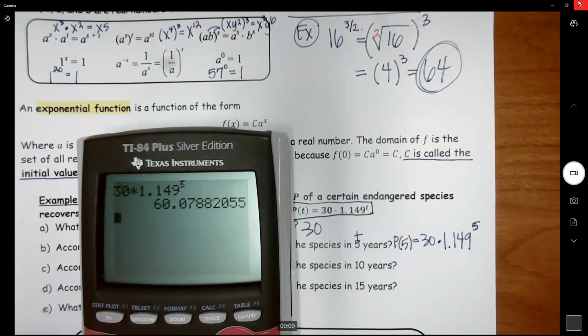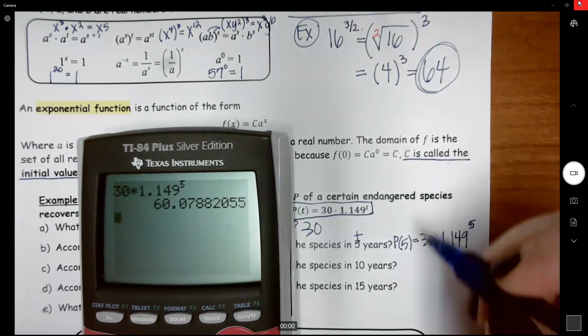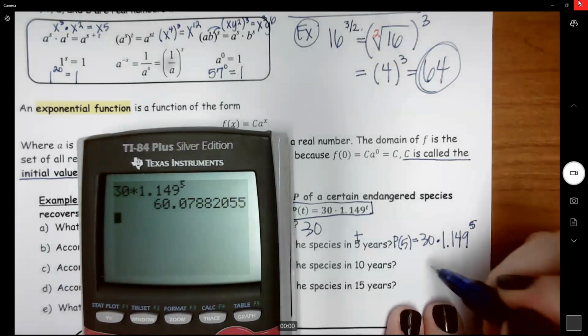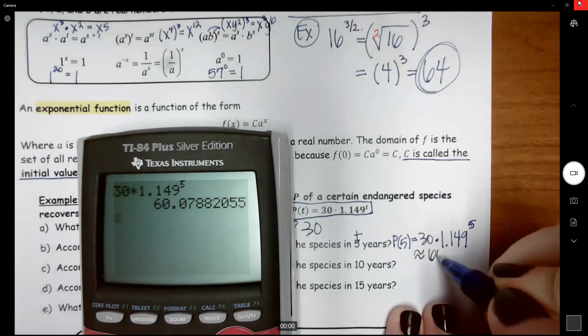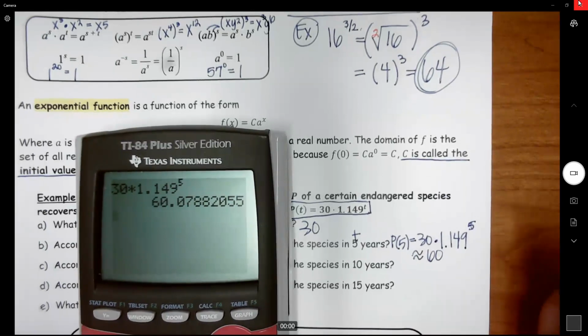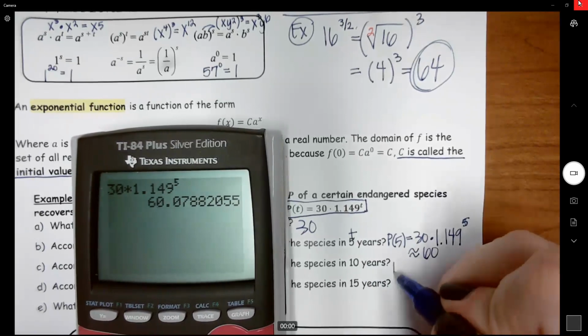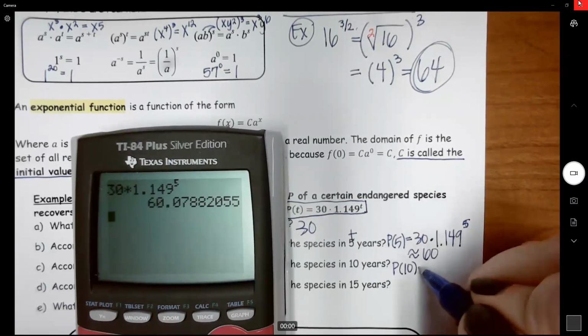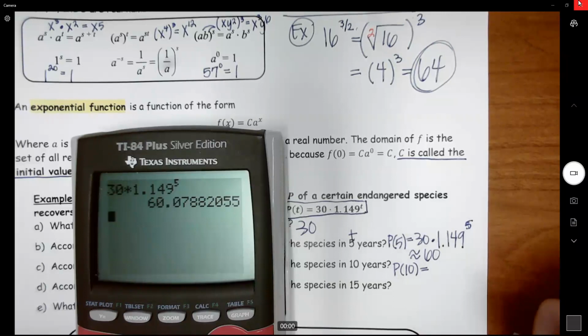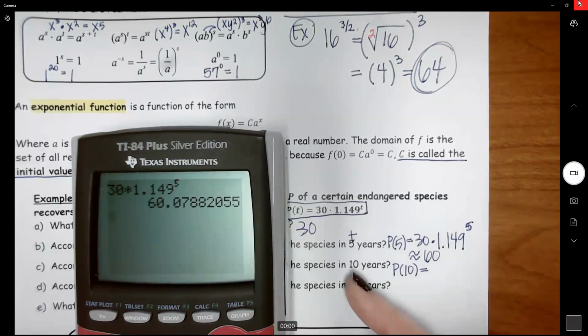And we're talking about animals or something that's alive. So let's round to the nearest whole species. So this is about 60 species. Now let's change our T, our time, to 10.